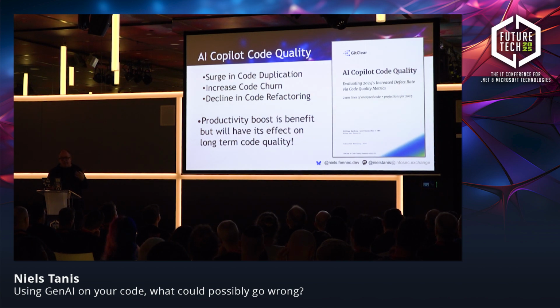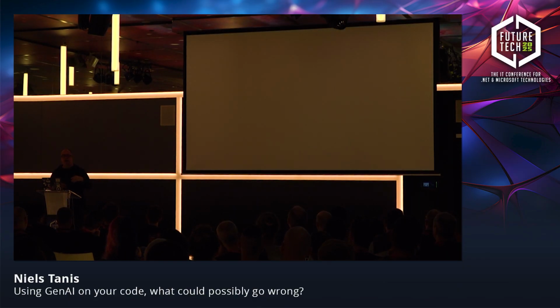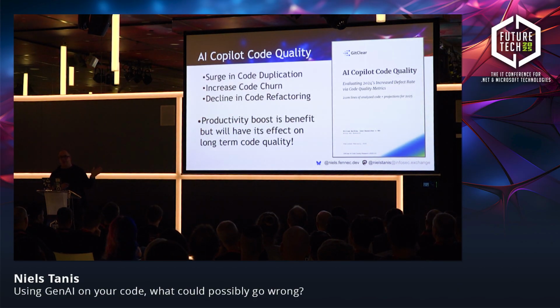What they did see is a real increase in code duplication. Big chunks of code are just being copied all over the place. An AI tool will probably generate the same bits for you, and you would just put them in, right? So that was one of the conclusions. The other one is that there is also an increase in code churn, meaning that big blocks of code got replaced after change sets, which also means, hey, let me generate this code for you and then replace it.